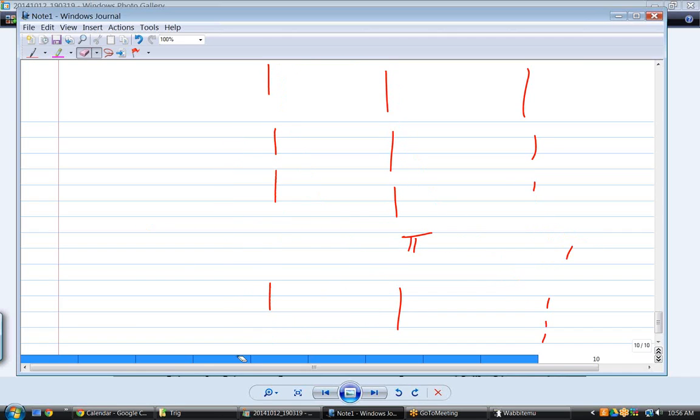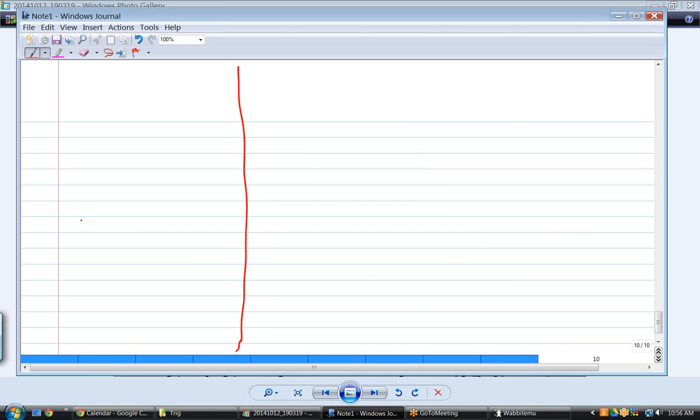Now, let's just briefly talk about the other two, the secant and the cosecant. The way I almost always do these is by drawing the sine curve.